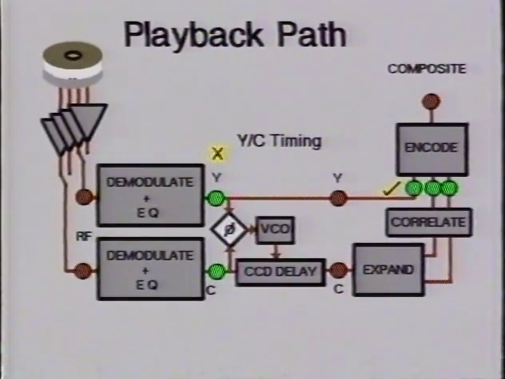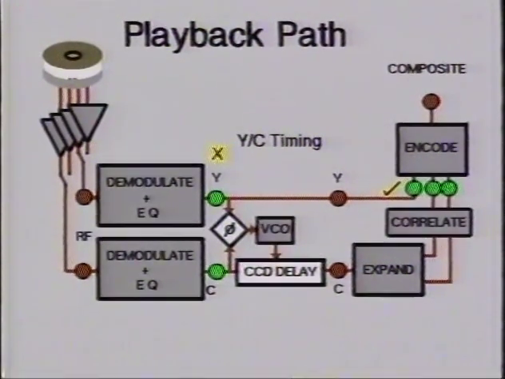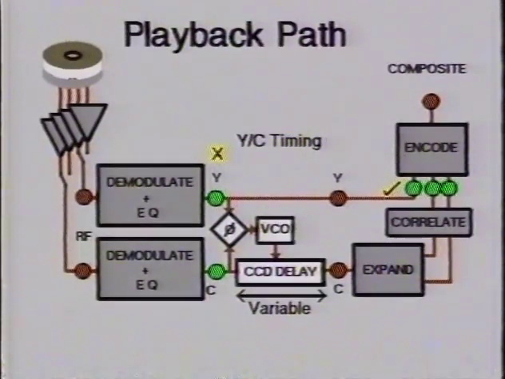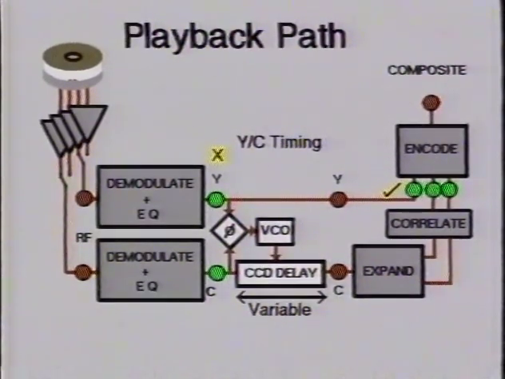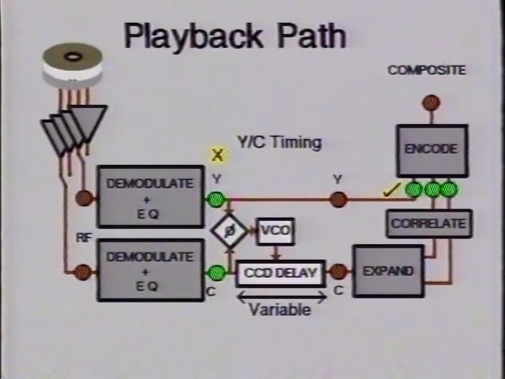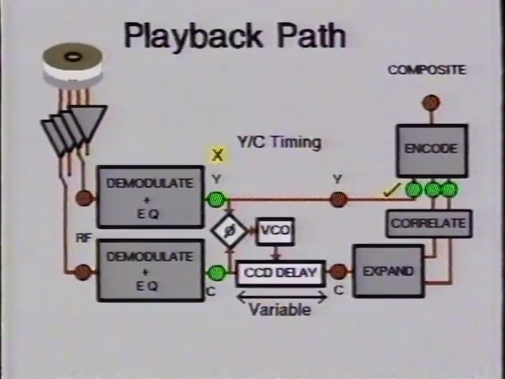A CCD delay line is placed in one channel and clocked with a VCO using the YC error to vary its electronic length. This reduces any timing offset between the two signals to 0.